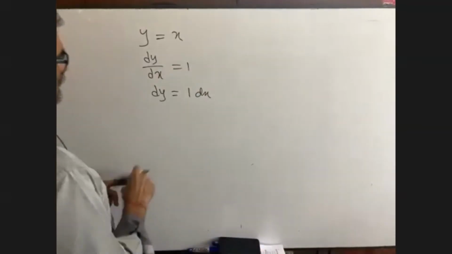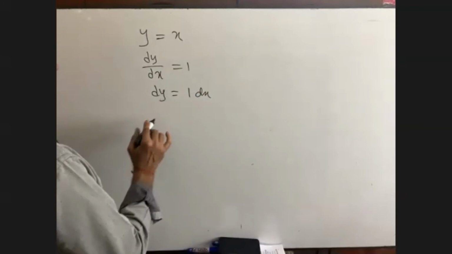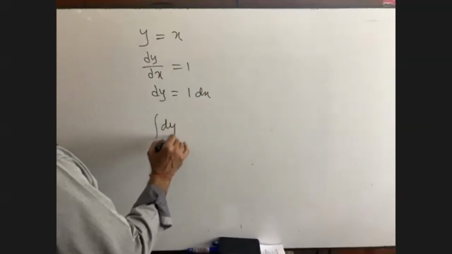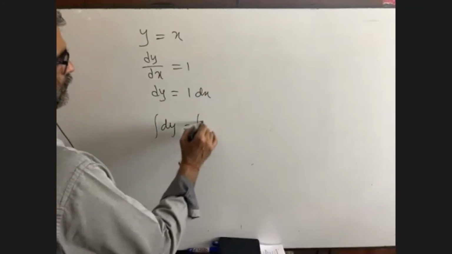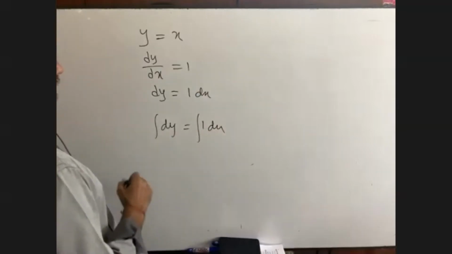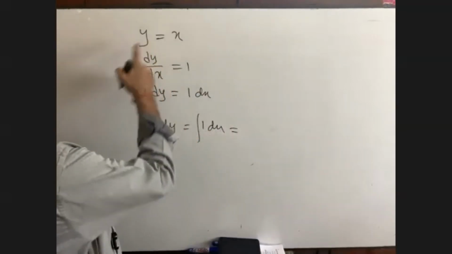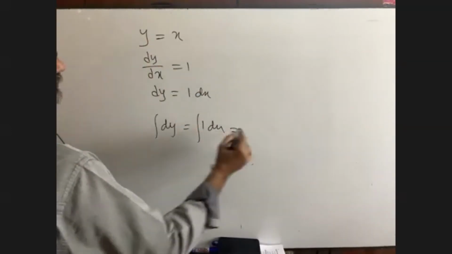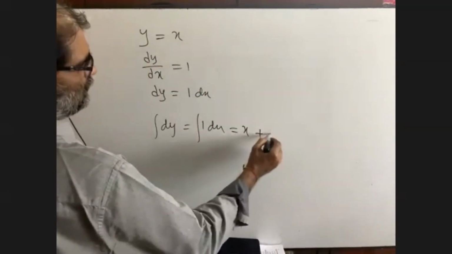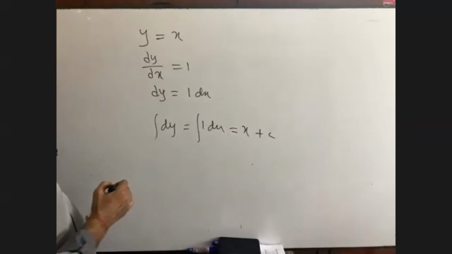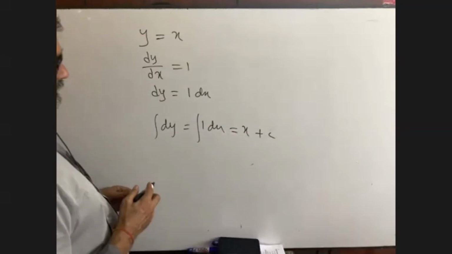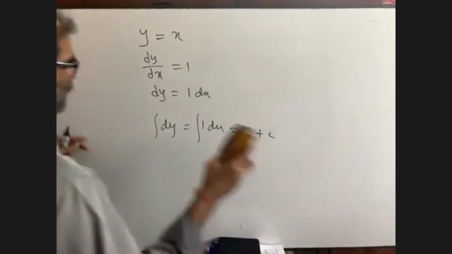Now, if you go for finding the integration, suppose this dy equals 1 dx, so we'll get what? Integration of 1 dx equals to what? 1 dx is x, and there will be always c. Anyway, and it has also proof.